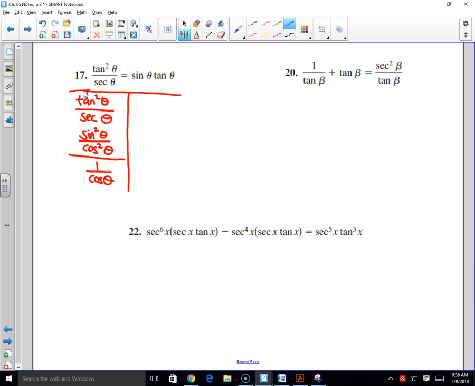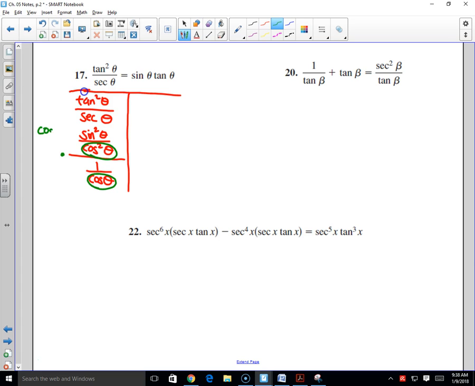Because I see the sine and tangent. I don't see secant, so I'm like, let me get rid of him. And then if you think about my trick, I would have seen a cosine and a cosine squared. You could have multiplied top and bottom by a cosine cubed, but think common denominators. I would have just made this one a cosine squared. You could also think multiplying by the reciprocal.